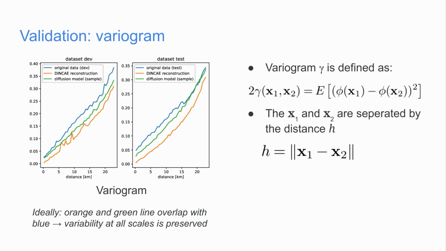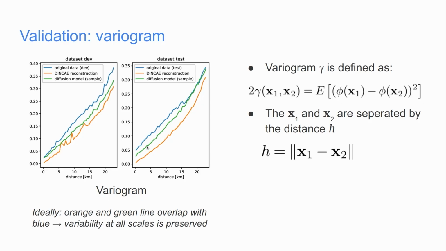In blue is the original data. In orange is the denoising data, the traditional UNet, and we see that we're losing a lot of information at small scales. But with the diffusion model, we can recover a lot of this variance. It's not as variable as the original data, but it's already much better.